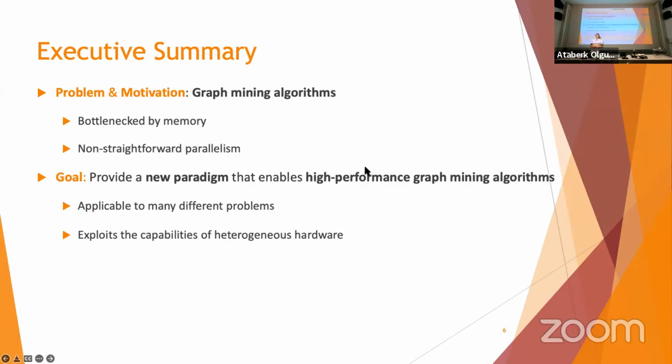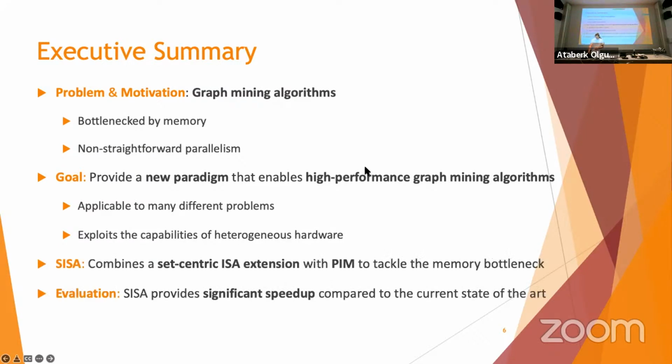The paradigm should be applicable to many different graph mining problems, and it should exploit the capabilities of heterogeneous hardware to accelerate those algorithms. The paper introduces SISA, which combines a set-centric ISA extension with processing in memory to tackle the memory bottleneck. And last but not least, the paper finds that SISA provides a significant speedup compared to the current state of the art.